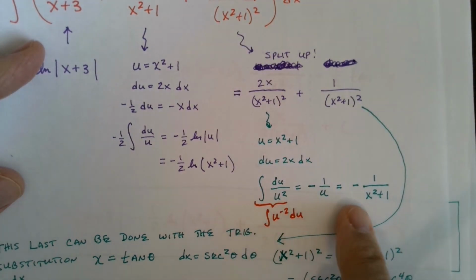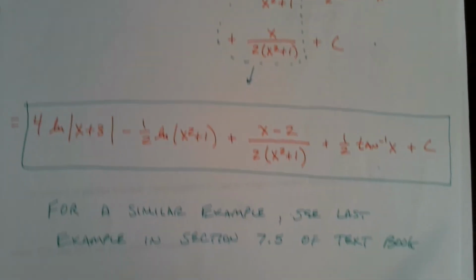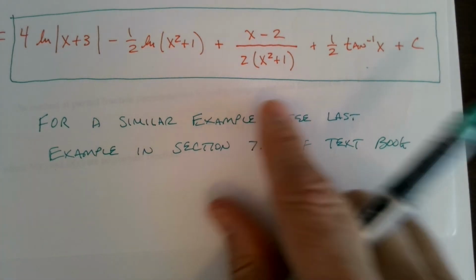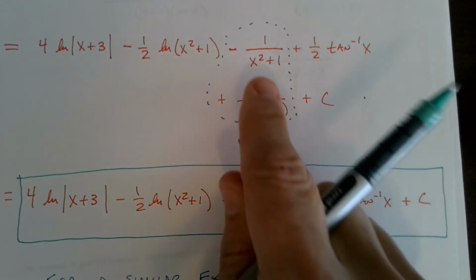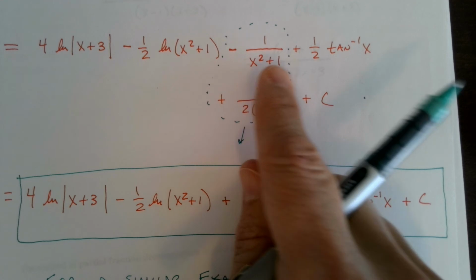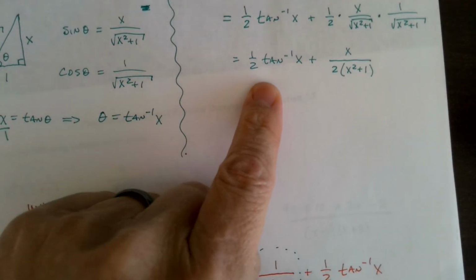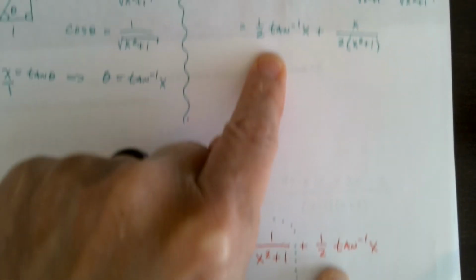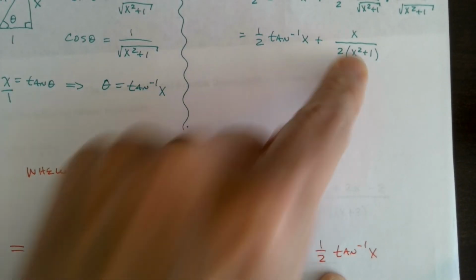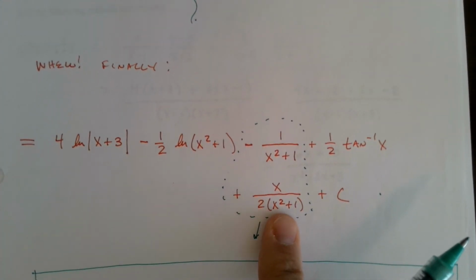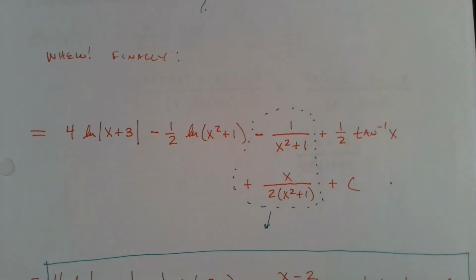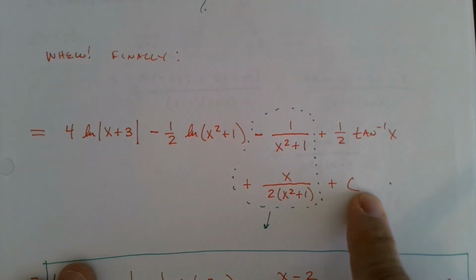This one was negative 1 over x squared plus 1, right there. And then finally, the last part we found was 1/2 tangent inverse of x plus x over 2 times x squared plus 1. Okay. And there it is, right? And don't forget our plus c at the end.